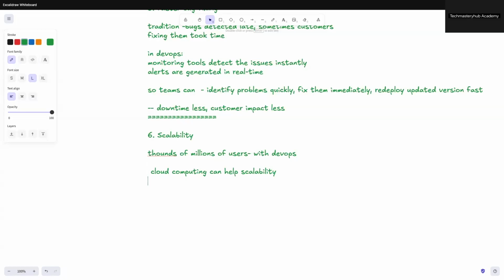We will see this in detail when we start making videos on cloud computing. So scale down when not needed. This is again another feature of the cloud. We will understand scalability, scale down, all this in the cloud related series.